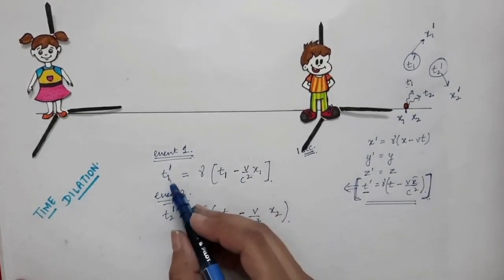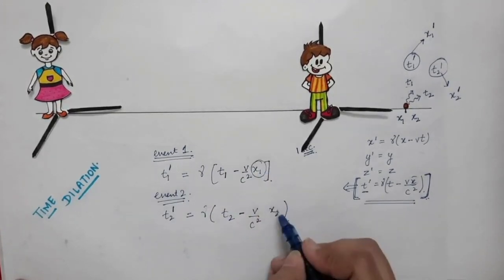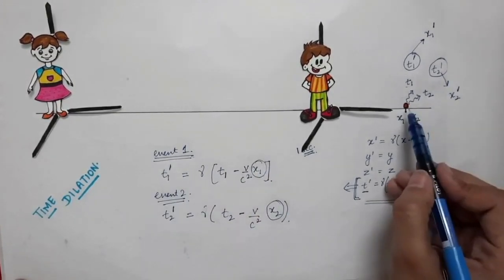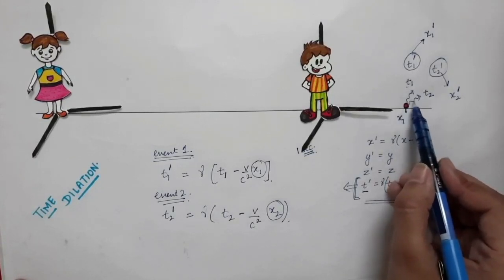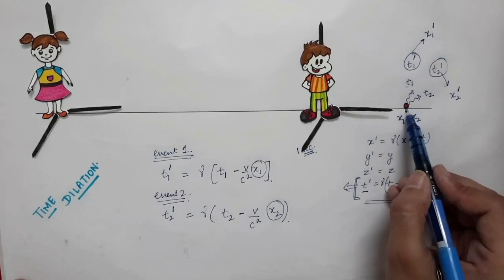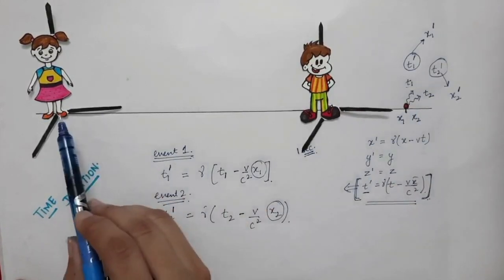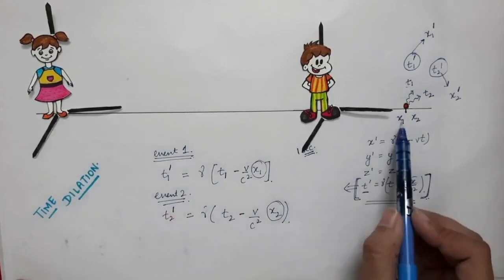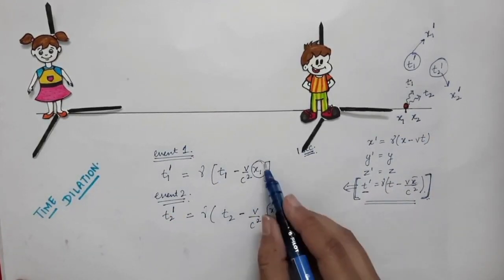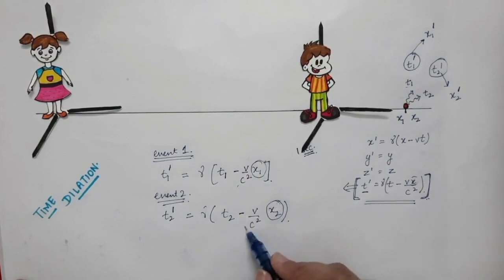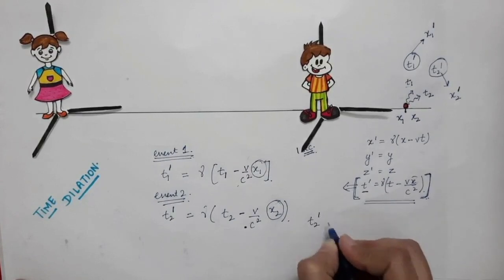Now when I subtract these two equations, we know that x1 is equal to x2, because the source is at rest, or you can say the two events which are occurring, they are occurring at the same position with respect to the sigma frame. So x1 will be equal to x2, and when you subtract these two equations, this term will cancel with this term. So what you will have is t2 prime minus t1 prime.